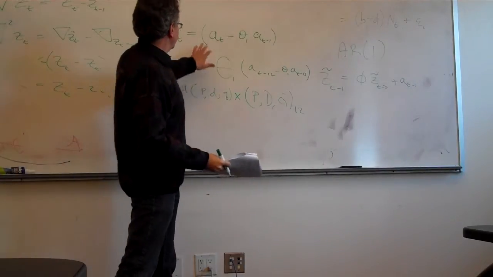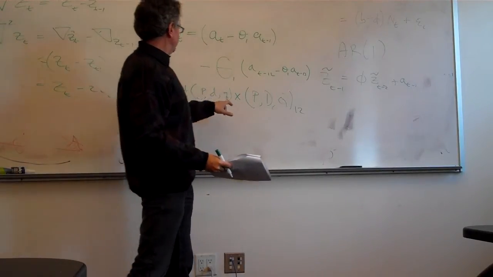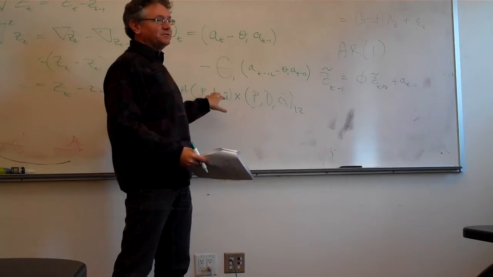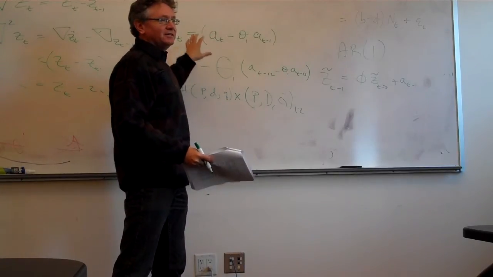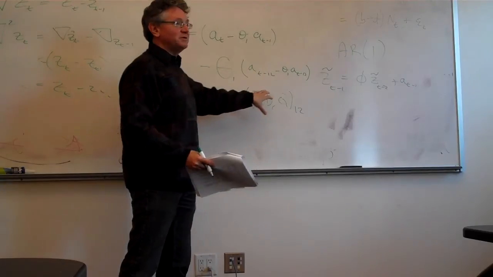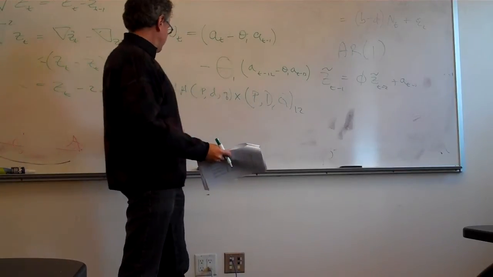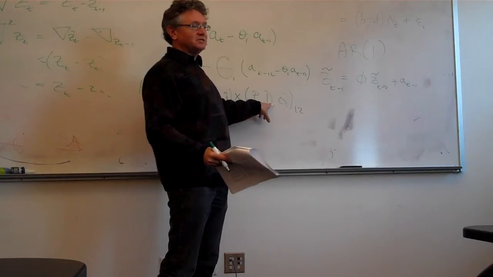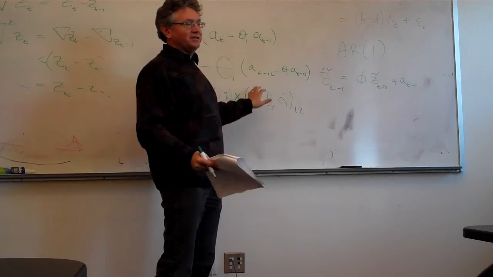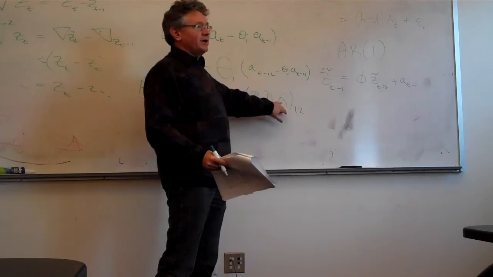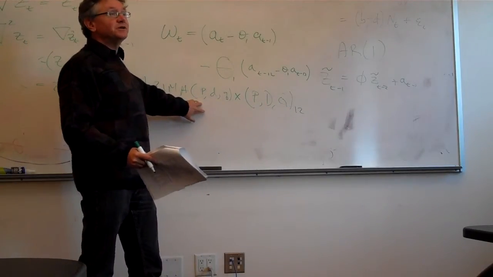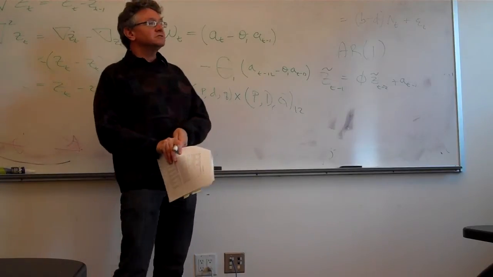In this case, it turned out that the differencing, the moving average and the number of AR parameters were the same in the seasonal and the short-term models, but they don't have to be the same. Maybe we didn't need a seasonal difference, in which case capital D would be 0, and maybe the seasonal pattern is an MA1 and the short-term pattern is an AR1. You can have all kinds of combinations.